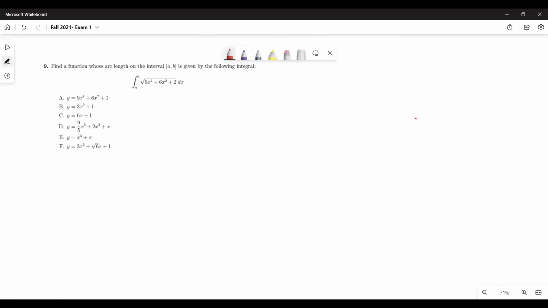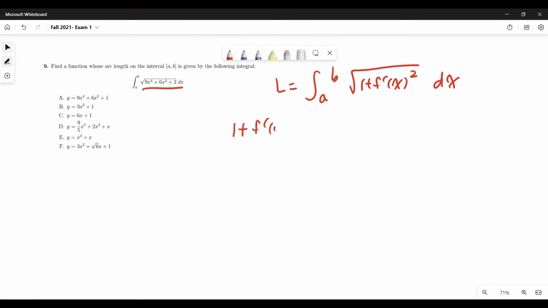So if you remember the arc length equation, the arc length is the integral from a to b of square root of 1 plus f prime of x squared dx. And we are already given the arc length integral, and we want to find f(x). So let 1 plus f prime x squared equal 9x to the 4th plus 6x squared plus 2.